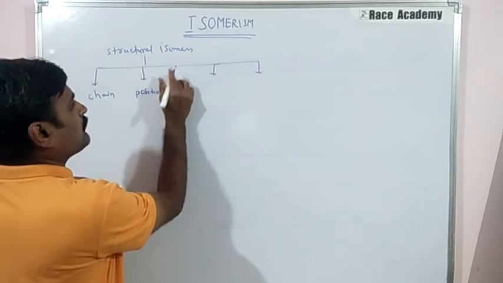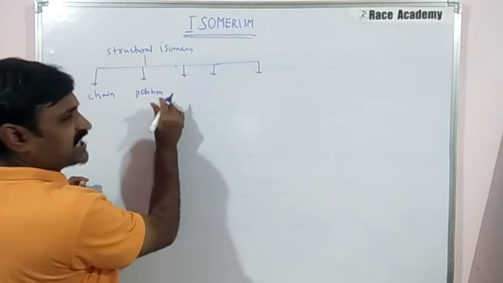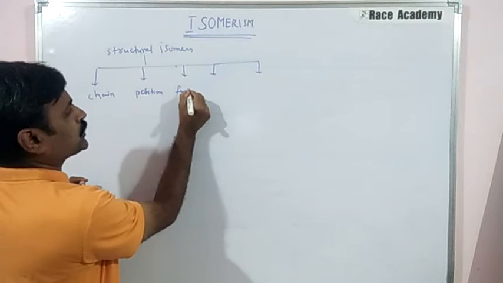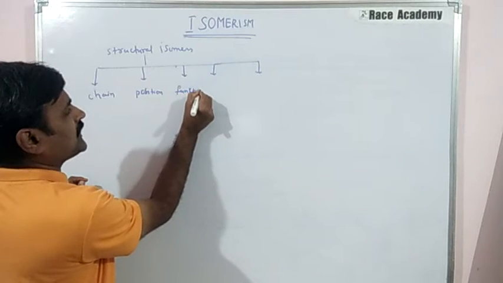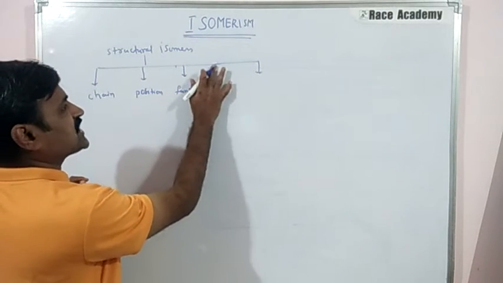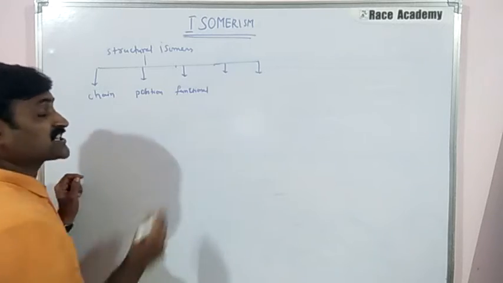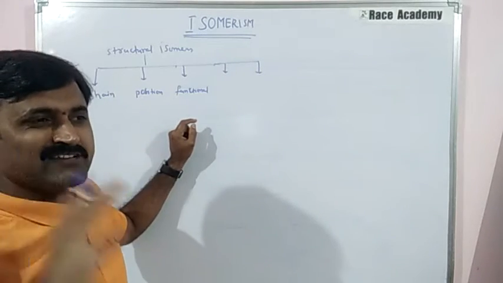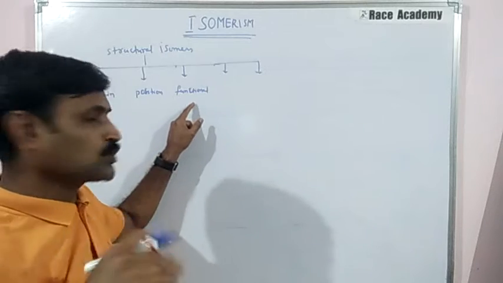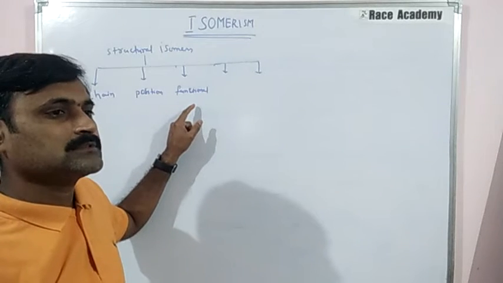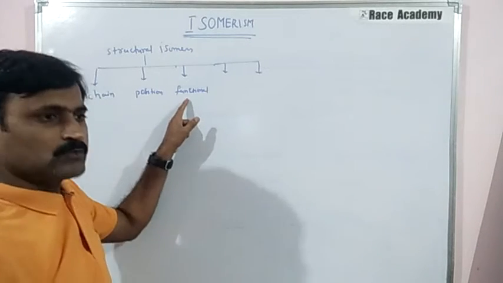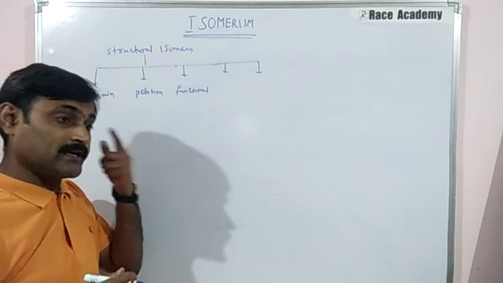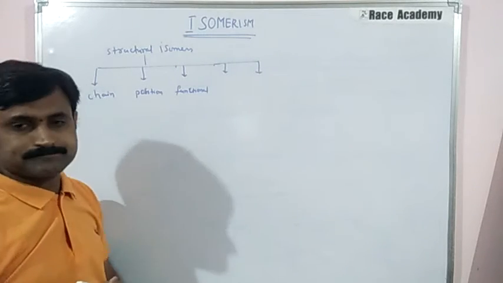And when a functional group is changing in different carbons with the same molecular formula, that is called functional isomerism. That means over the carbon chain, the functional group is at different locations. Not only that, the functional group can be completely different, like the alcohol and ether we observed.